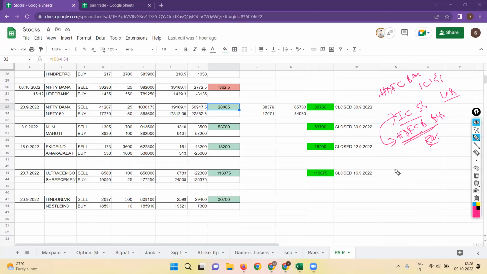Second, I have JSW Steel and Tata Steel, also rollover still continuing. After the split, Tata Steel is very slow compared to JSW. So when we enter a pair trade, this news will also factor into decisions.